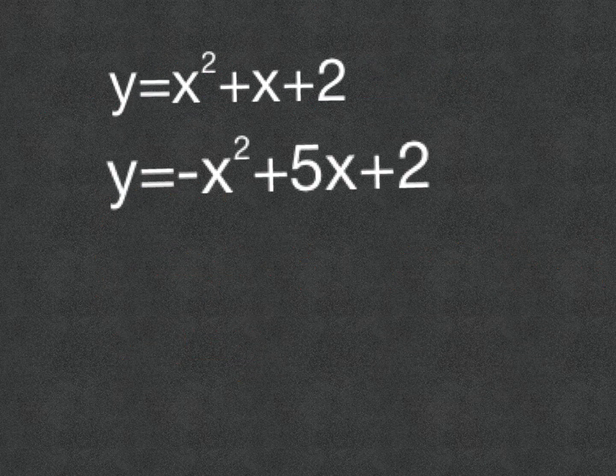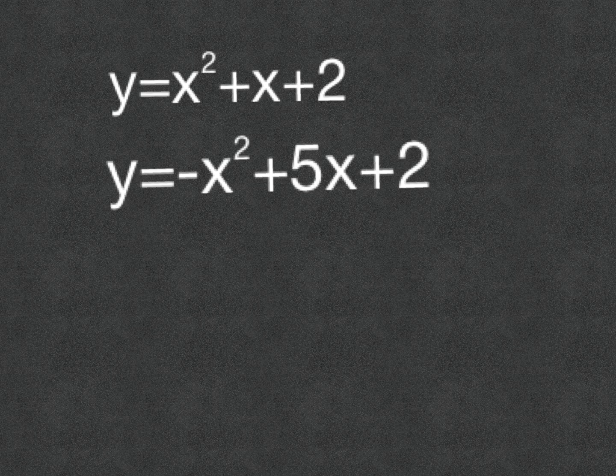Next example: y equal to x squared plus x plus 2, and y equal to negative x squared plus 5x plus 2. Now, we want to use elimination, right? What we just learned is that if we make one of the y's negative, then we have something to work with.